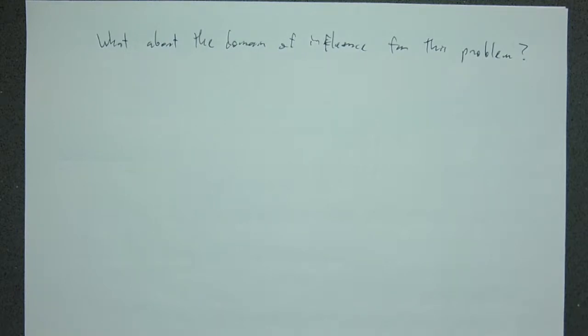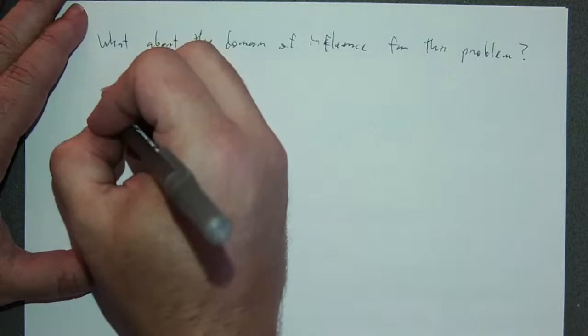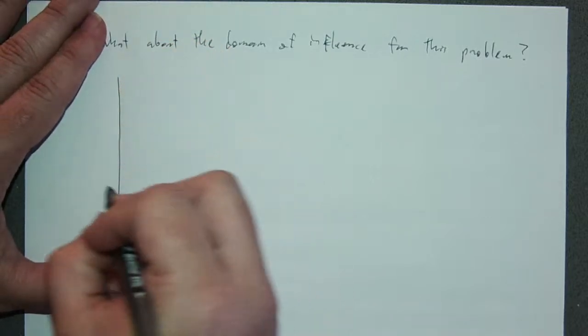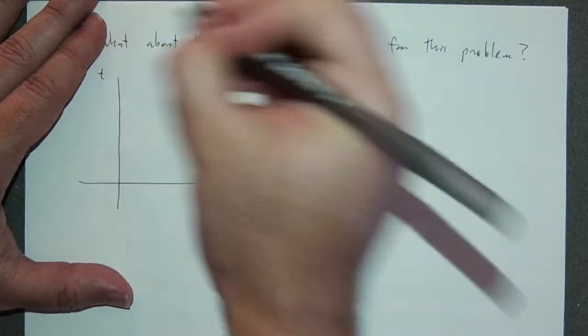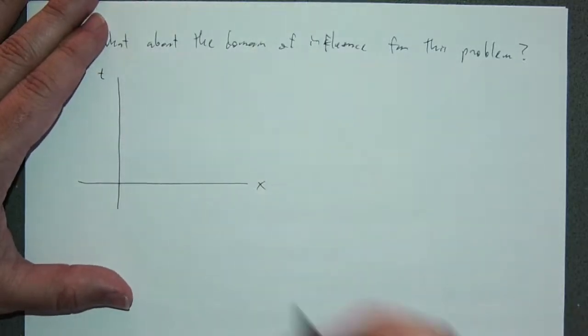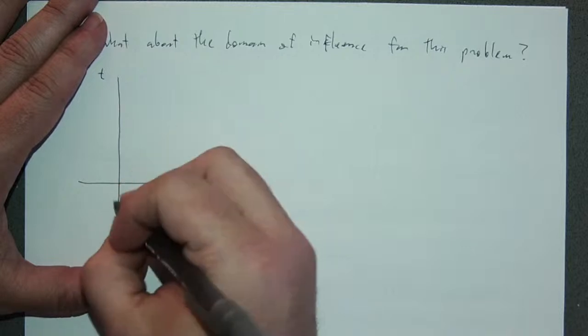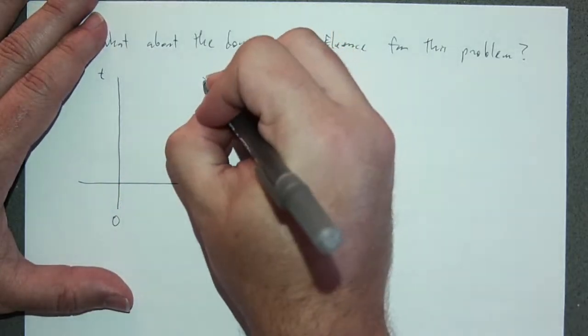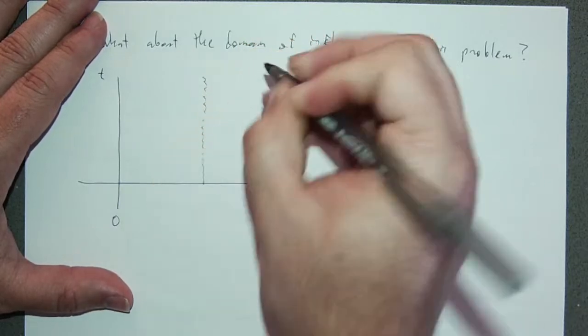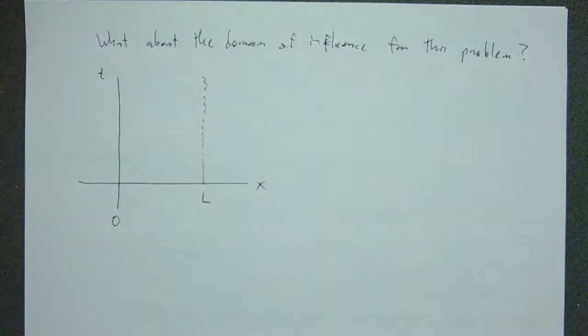Let's draw the picture first of all. Here's my x-axis, here's my t-axis. Here is when x is equal to 0, and we'll say L is here.